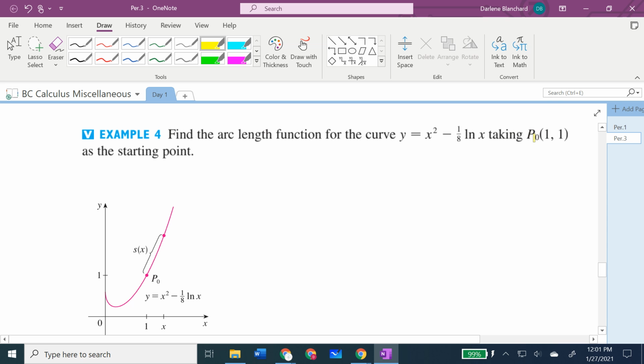So my initial point P naught at the point (1, 1) right here, I'm going to look at variable x going anywhere along here in the domain of the function. And what is the domain of this function?